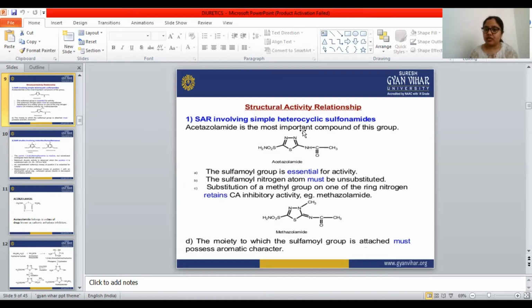If we substitute any small group, meaning a CH3 group, it still shows the carbonic anhydrase inhibitory activity. When we substitute the CH3 group here, it becomes methazolamide, and both methazolamide and acetazolamide show carbonic anhydrase inhibitor activity.